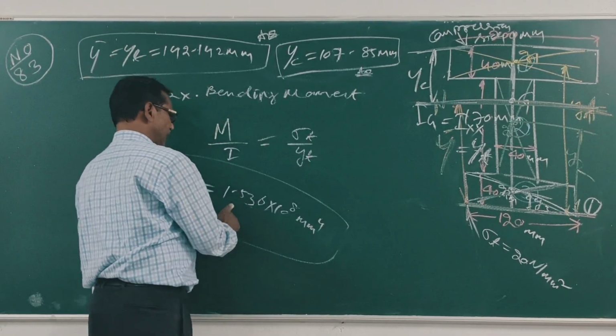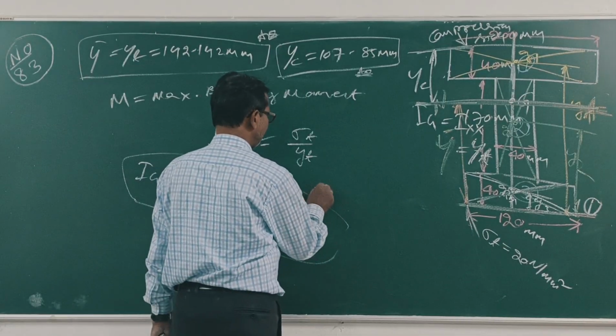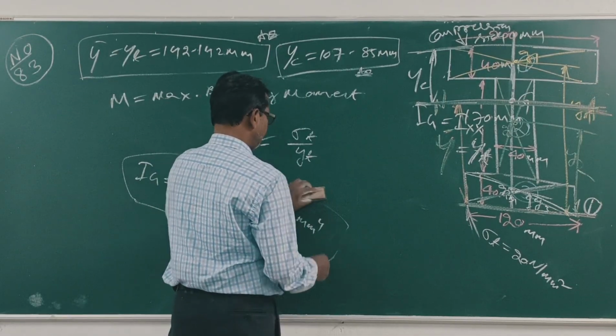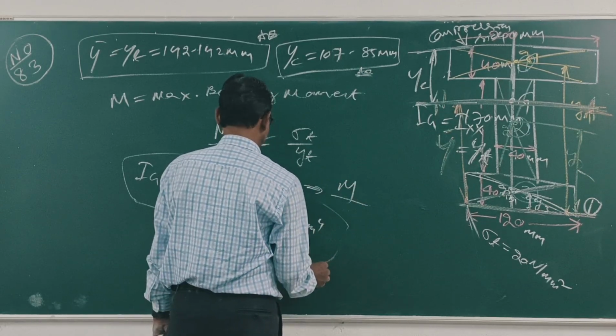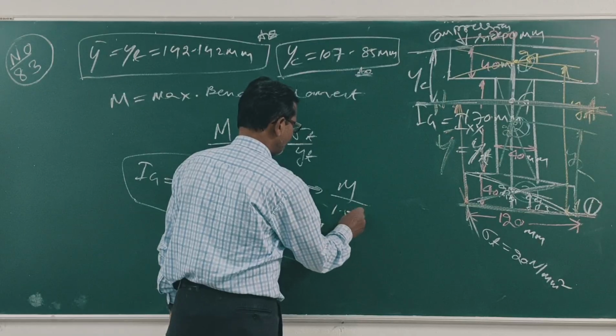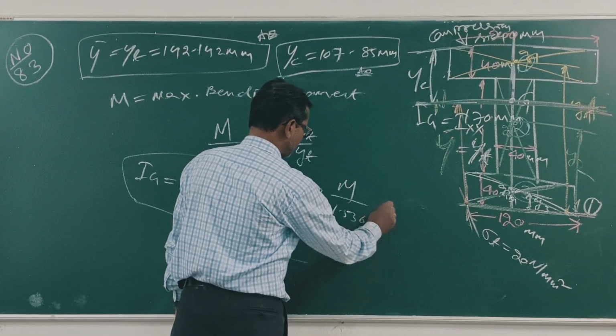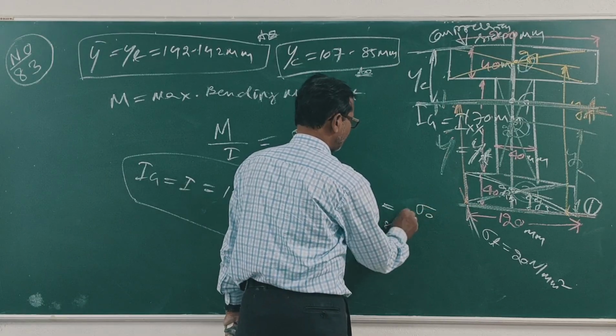This implies, what is M? M by I. I means 1.536 10 to the 8 is equal to sigma T, 20, by yt.